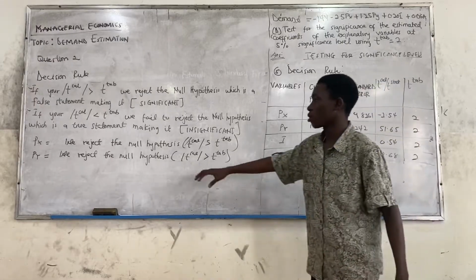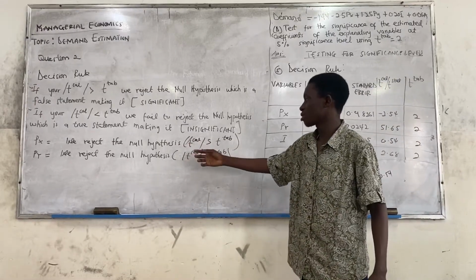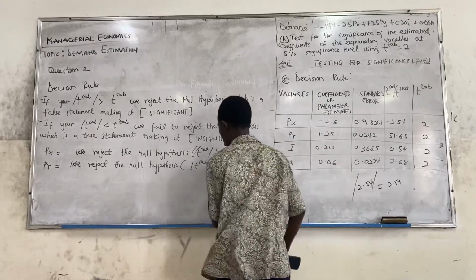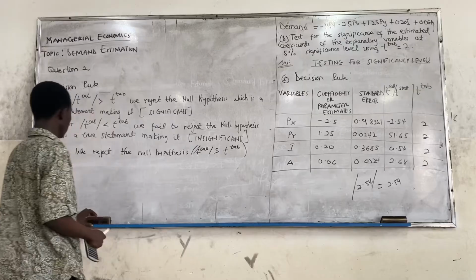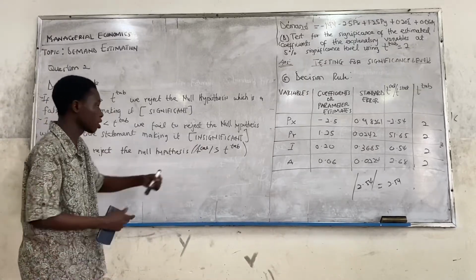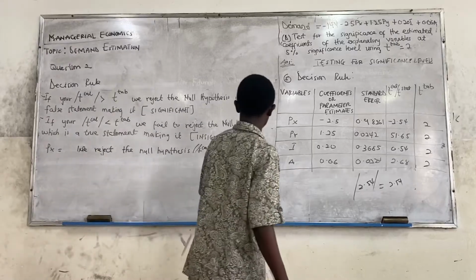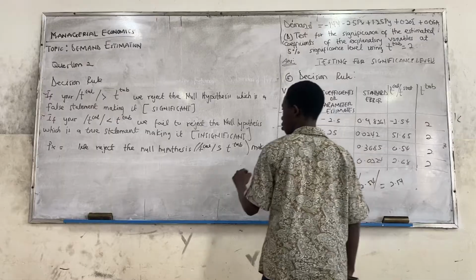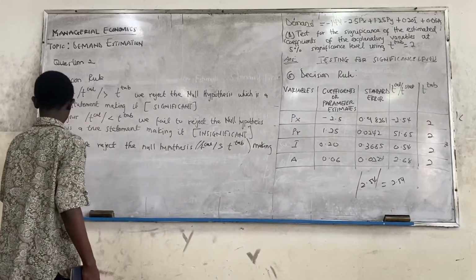So with the first one, Px, we reject the null hypothesis, which means t-cal is greater than theta, making it significant.